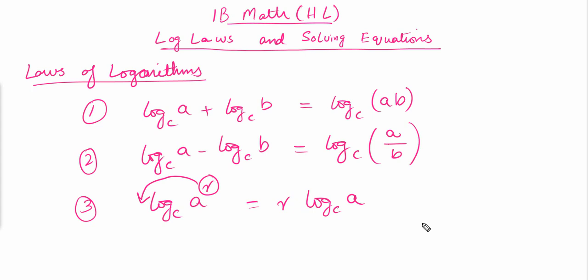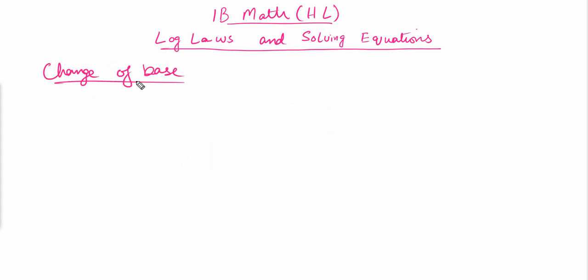Now let's discuss another rule where we have to change the base of the log. Let's suppose we have log to the base of a of b. Now we want to change the base of this log to some other base. Let's suppose the other base is c. In order to change it, we can write it as log to the base of c of b, divided by log to the base of c of a.